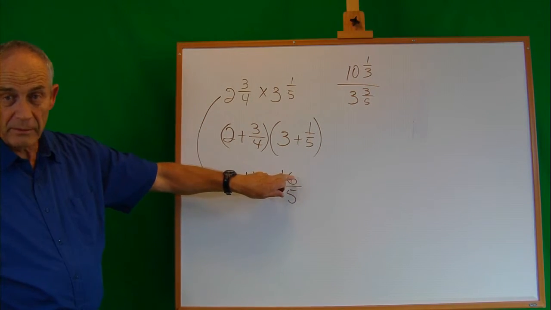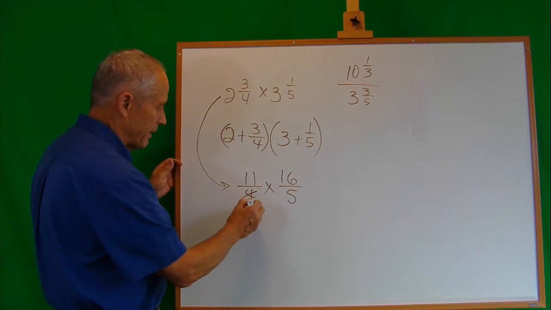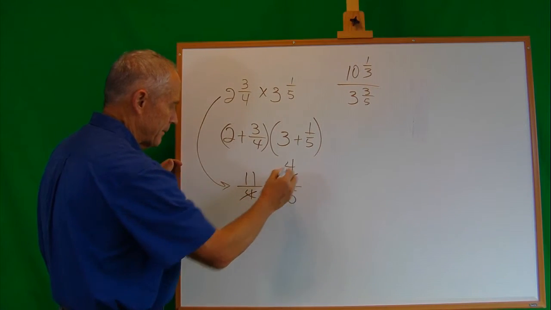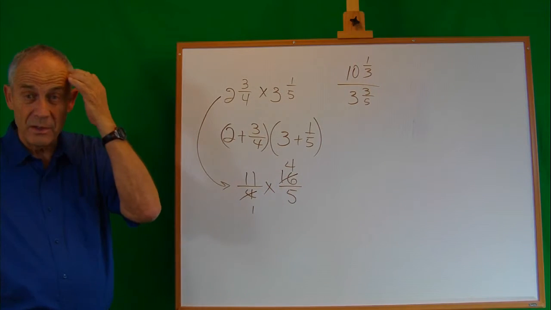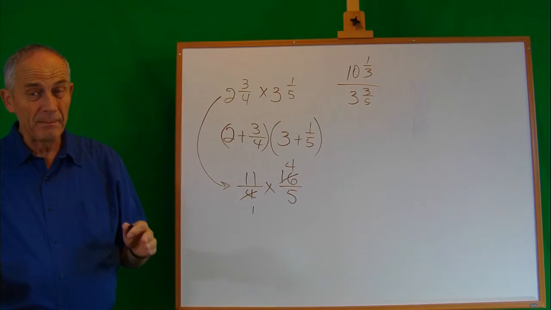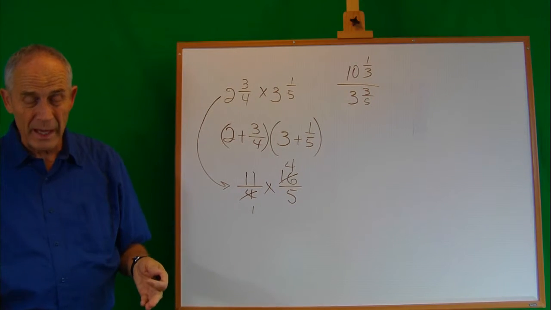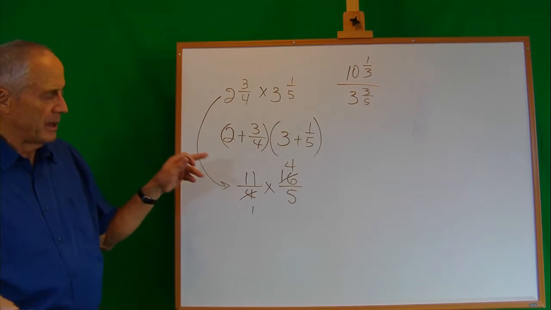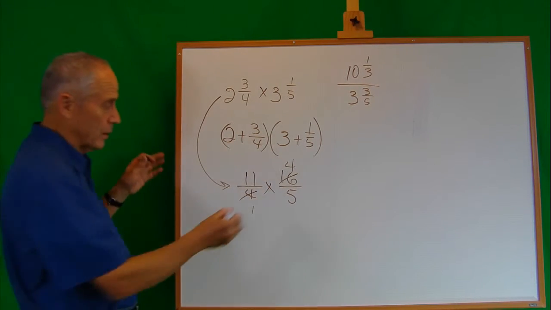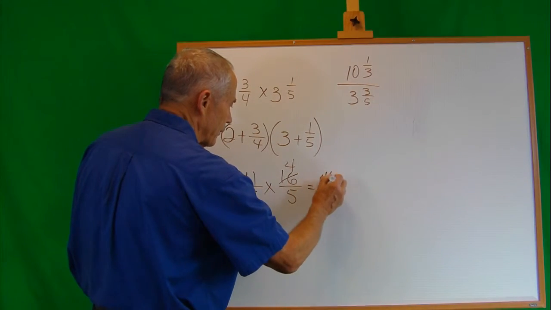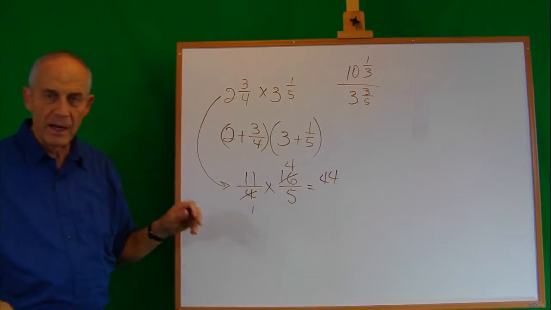There is a factor of 4 up here in the numerator, so we divide a 4 out of each one of these. Look at the 4, no factors of 4, and 5's prime. So at this point in time, we've reduced all that we can. So then we remember, numerator times the numerator, 11 times 4 is 44, and 1 times 5 is 5.